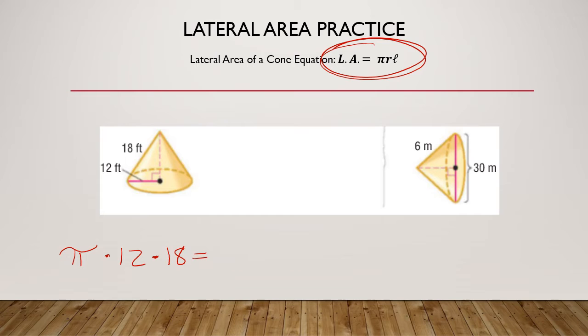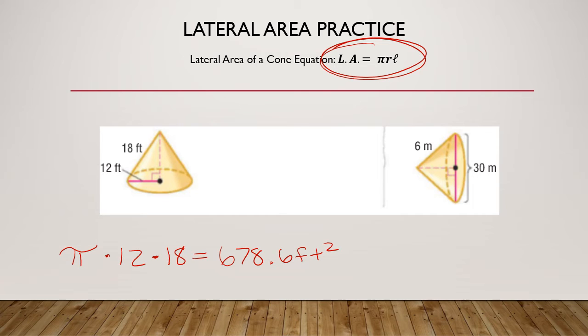When I type this into my calculator, I get 678.6 feet squared. I'm always remembering my label. This one happens to be in feet, and since I'm dealing with lateral area, everything's going to be squared.